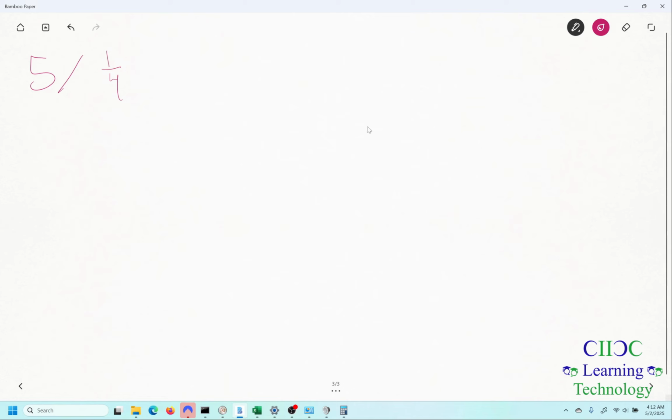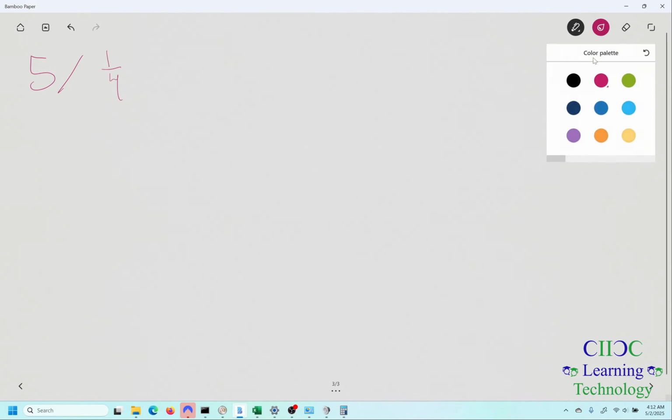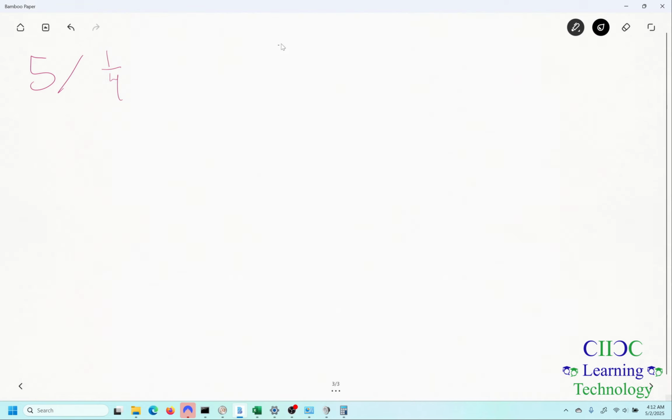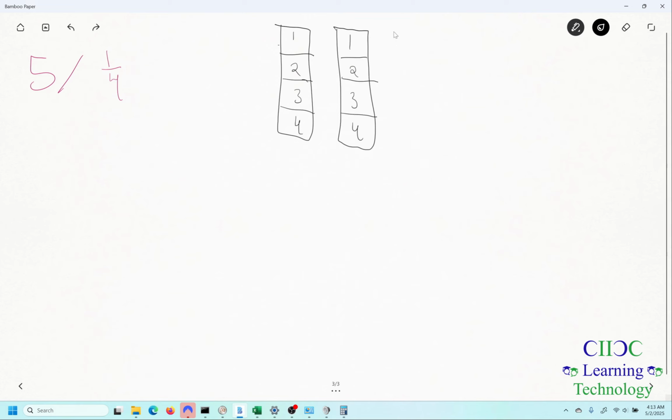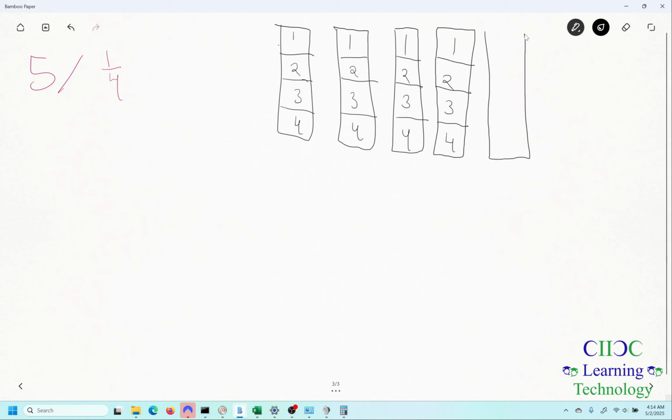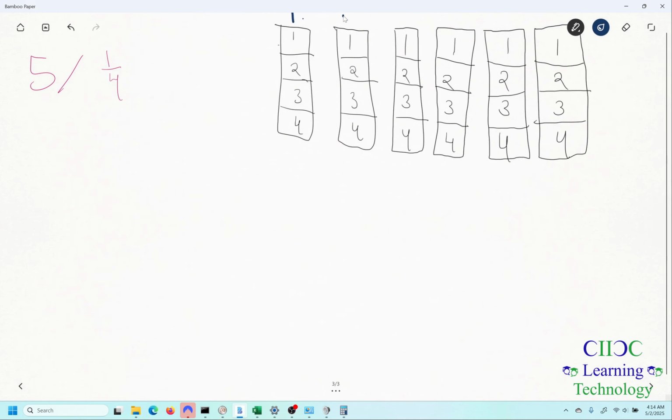But that's just a verbal walkthrough. So let's actually make that into something that is tangible. So again, if you have one shape that is divided into 4 equal parts, that's pretty decent. I mean, it's not perfect. We've got 1, 2, 3, 4, 5.